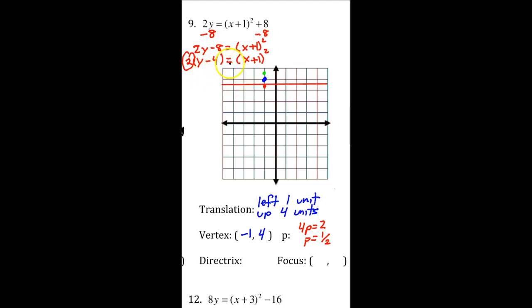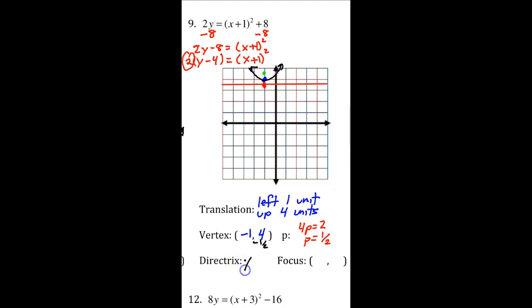There's our directrix. And then using the LLR, we know it's a 2, so I need to go 1 in each direction. 1 this way, 1 this way. There's our graph.